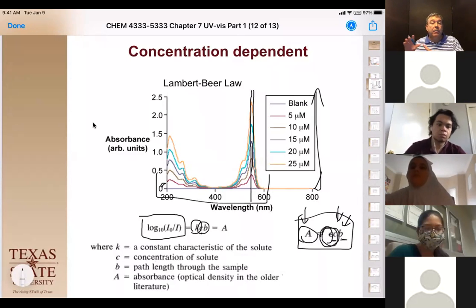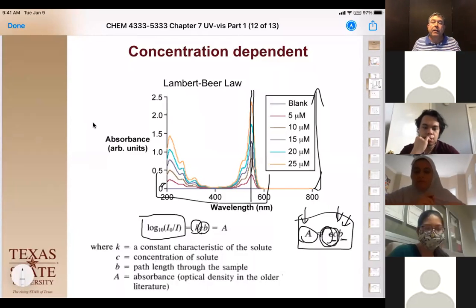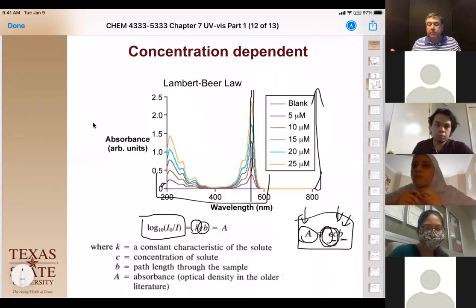And as we found out, that constant characteristic of the solute or the compound is the extinction coefficient. Okay, so that we can compare things from 100 years ago to today just by saying, okay, we can just run the calculation and figure out that we do have the exact same compound.